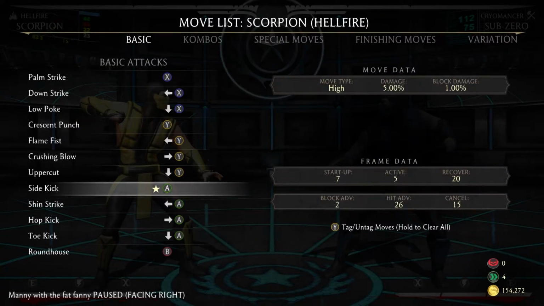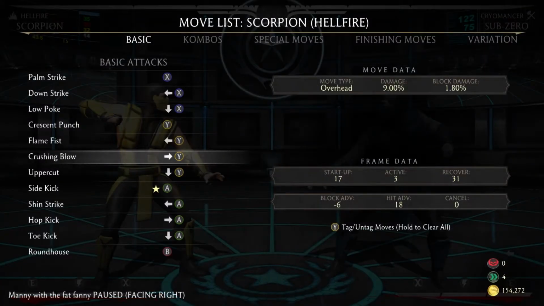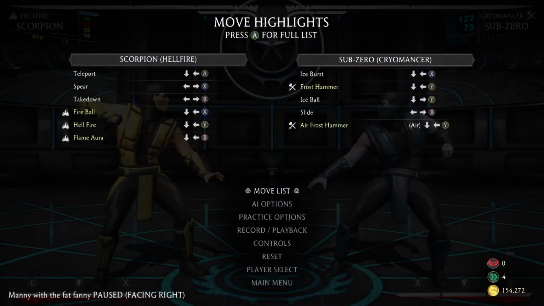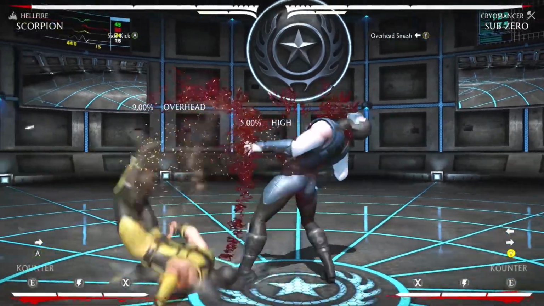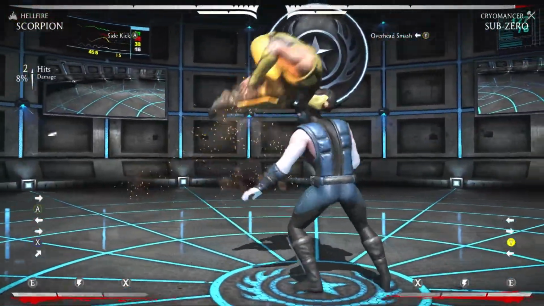This is important to know because if my move beats his move, I can essentially hit confirm into a combo, and there's 30%. I'm going to go into further detail on this later. So say I see this move go through, and I go boom. Got you, my move was faster.